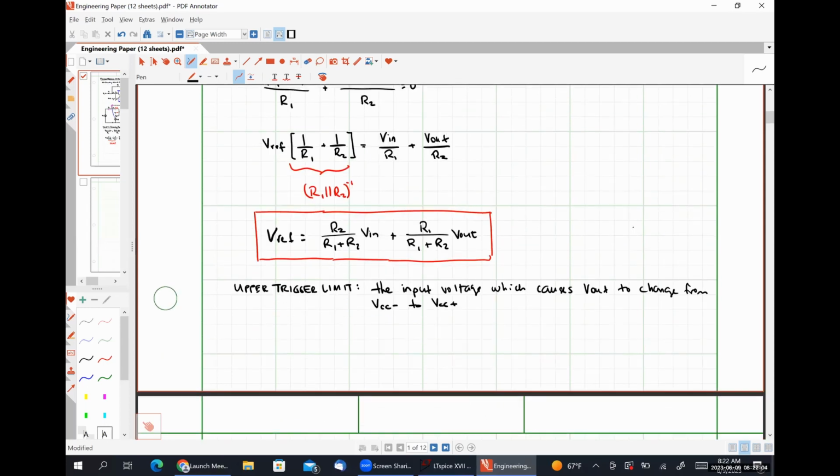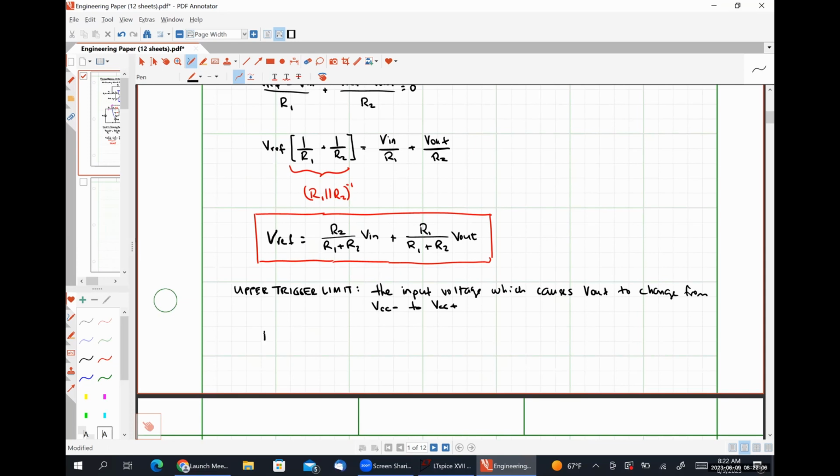So for the circuit that we were just dealing with, we know that R1 was 3 kiloohms, R2 was given as 10 kiloohms, Vref was 3 volts, VCC plus was 10 volts, and VCC minus was negative 10 volts.